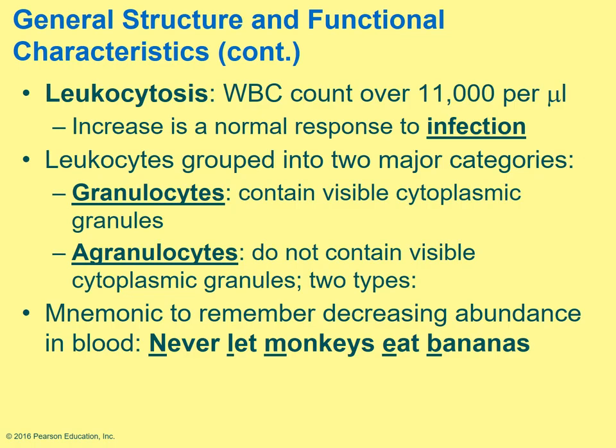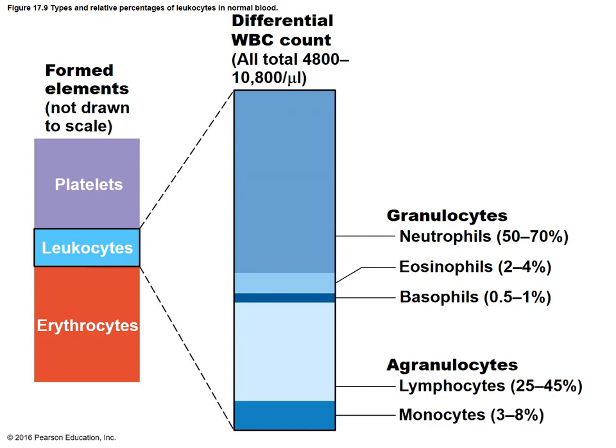In terms of the abundance of the 5 different types of white blood cells and their normal concentrations, some people use the phrase, never let monkeys eat bananas.